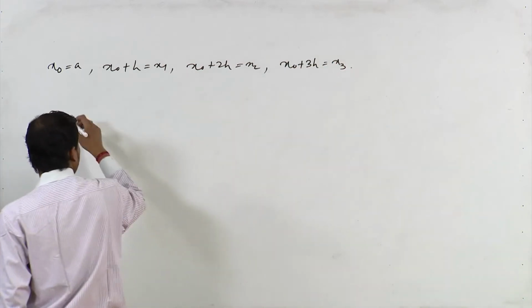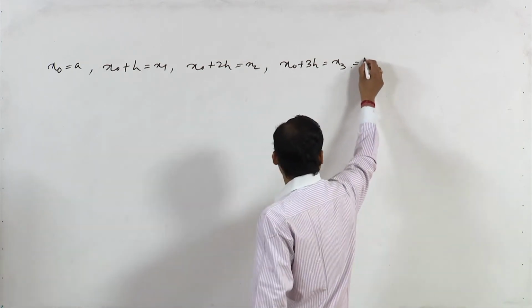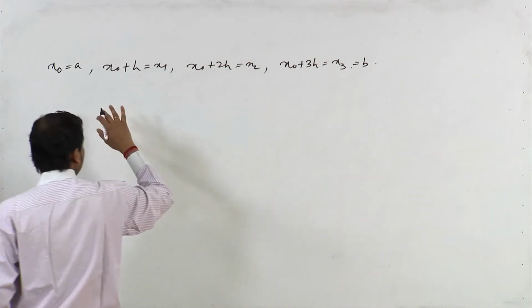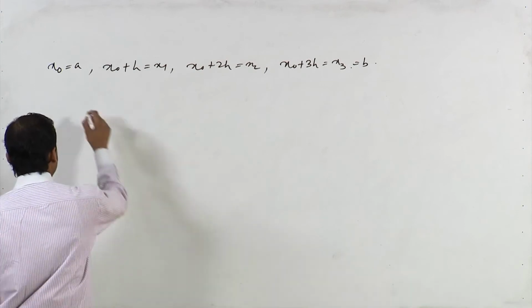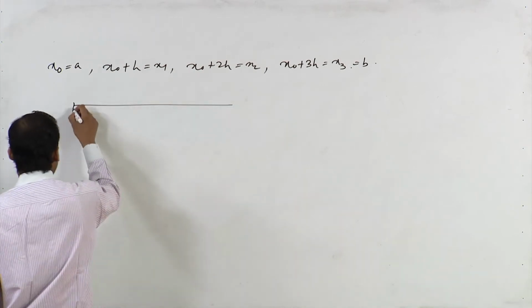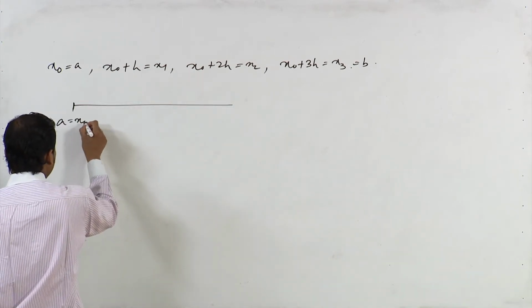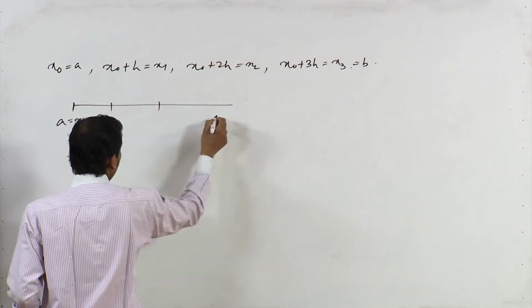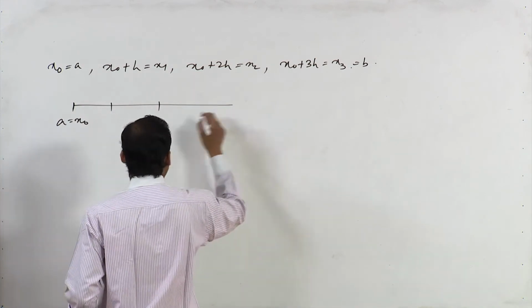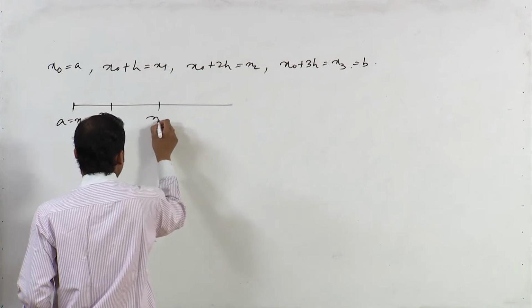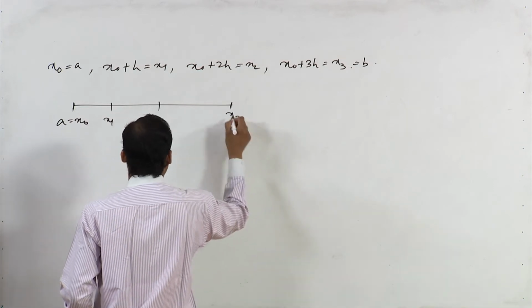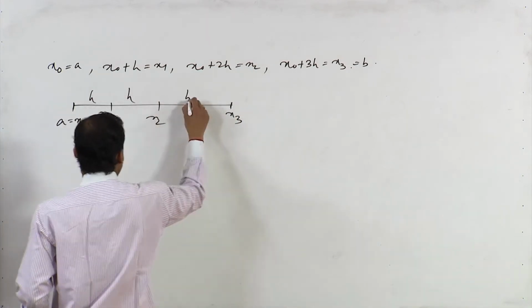So, usually we are defining these 3 sub intervals. That is why we can write a equals x0, then x1, x2, x3 here, h here.